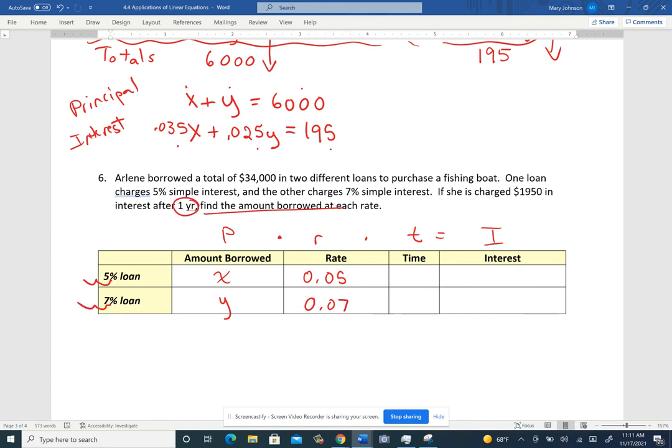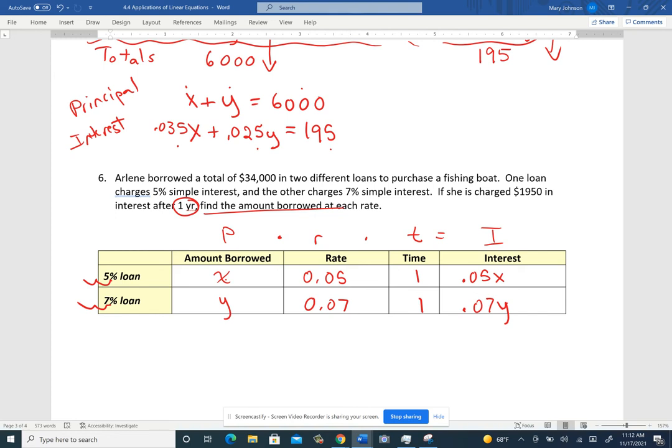It was owed after 1 year, so we'll put the 1 in for each of those. All right, so then we'll wind up using the formula, x times 0.05, so 0.05x times 1, which would be 0.05x, would be the interest that she owes on the first loan, and 0.07y would be the interest she owes on the second loan.